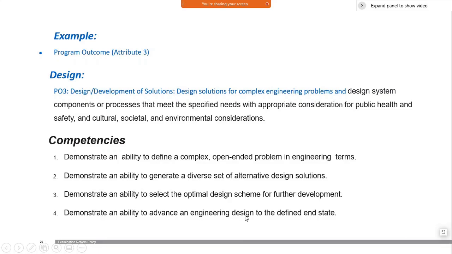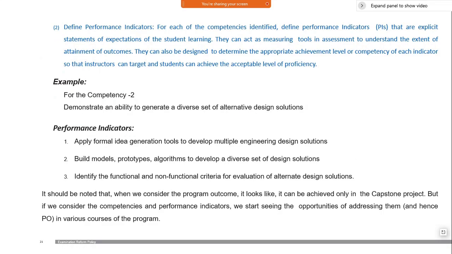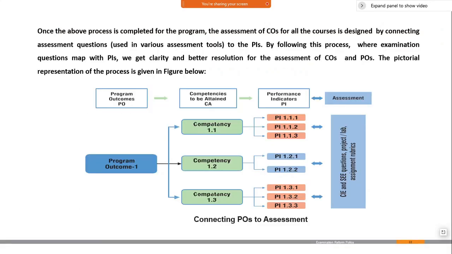These competency levels are connected with performance indicators 1, 2, 3. If all 3 are connecting to that particular course outcome, I will give the marks for 3. If only 2 are connected, I will give the mark for 2, or if none of it is connected, then I will give 0. That is what a performance indicator is.